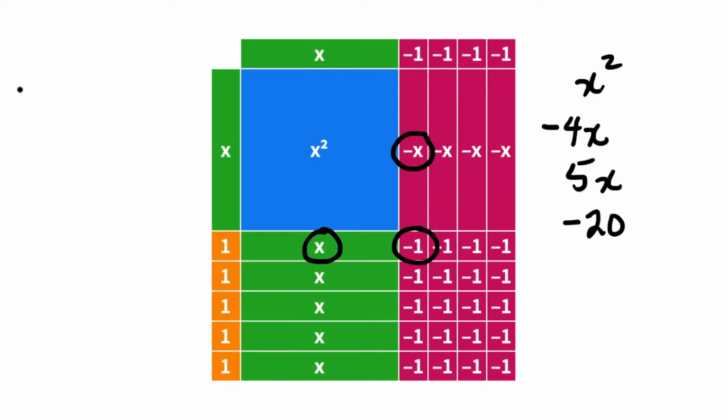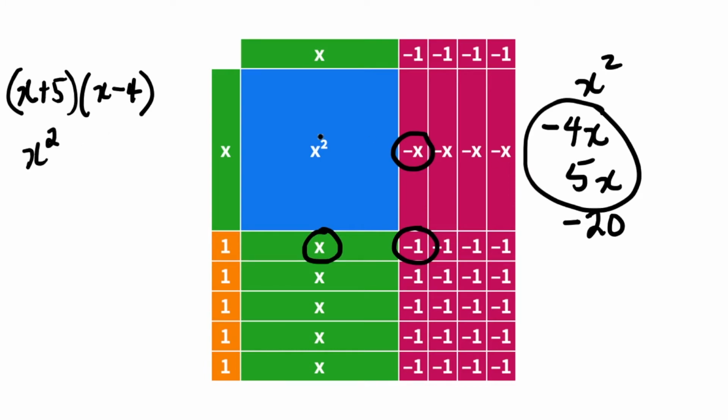Therefore, we can write out x plus 5 times x minus 4 equals x squared plus x minus 20.